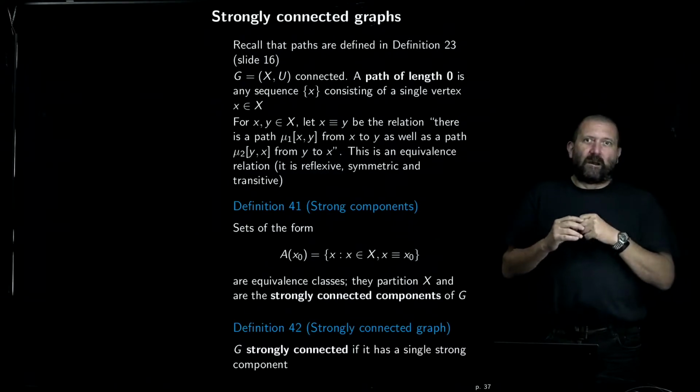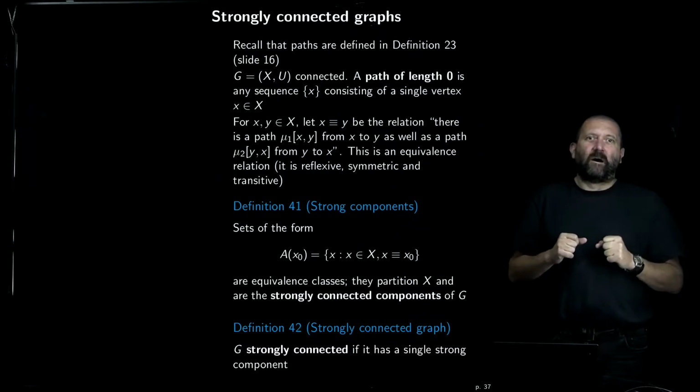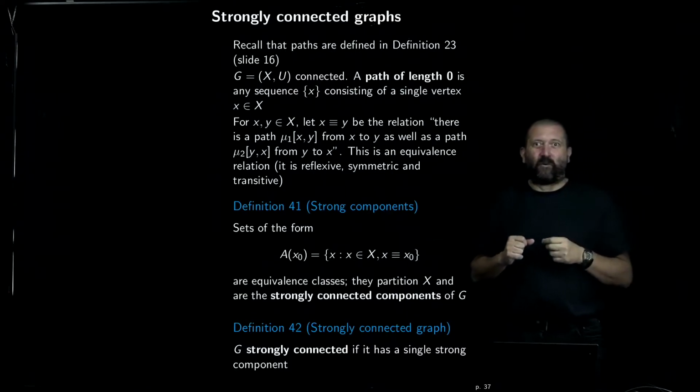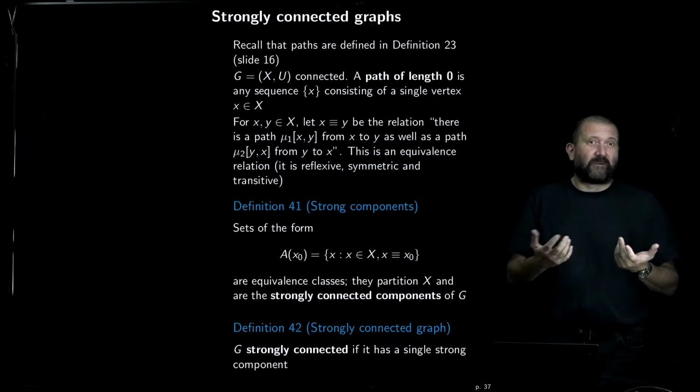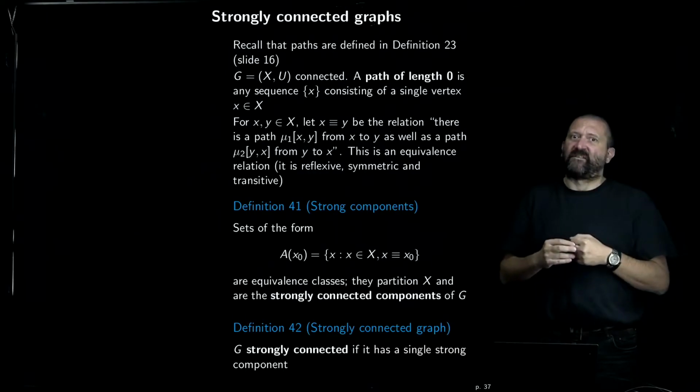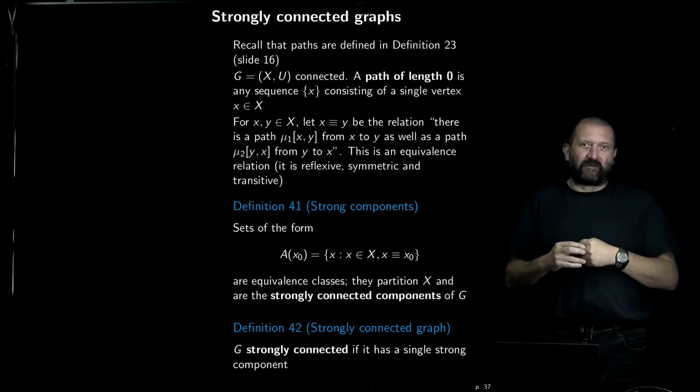We're going to define an equivalence relation. Again, we've seen some before. We're going to denote it like we did last time, although it's not the same relation we saw last time.